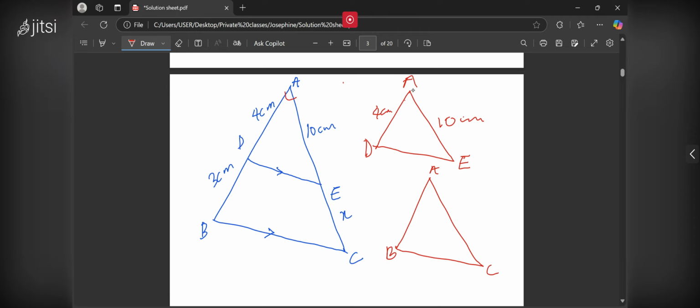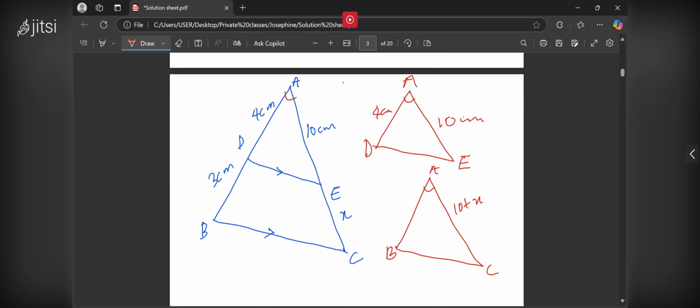This angle A is the same as angle A here. And we have AC as 10 plus X. And AB, what will be the value of AB?